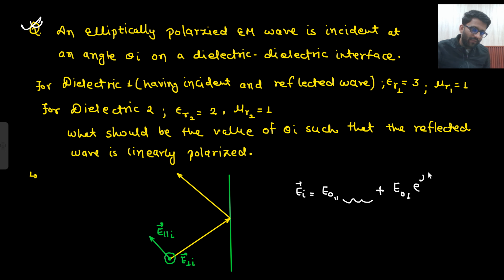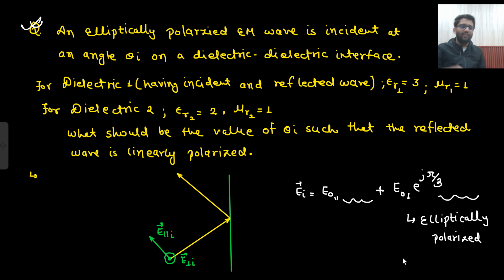But if there is a random phase difference between them, which kind of wave will it be? Elliptically polarized, right? Say yes or no. If there is a random phase difference, not pi by 2, and neither pi, the magnitudes could be equal, but with a random phase difference it is elliptically polarized.